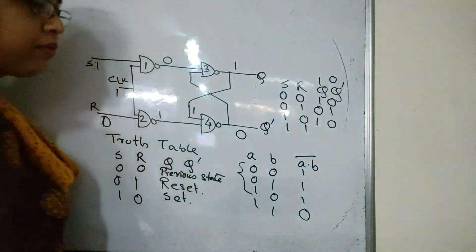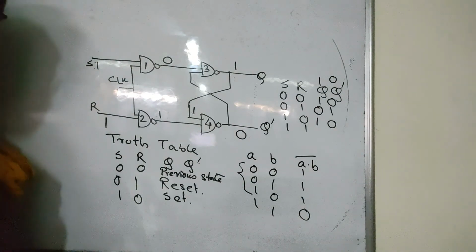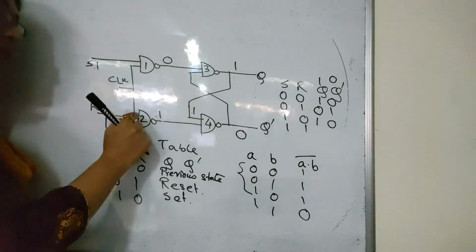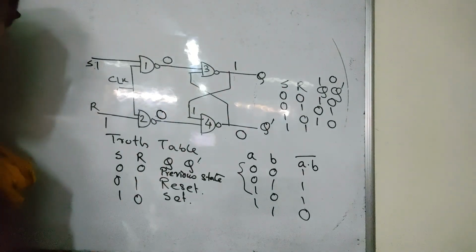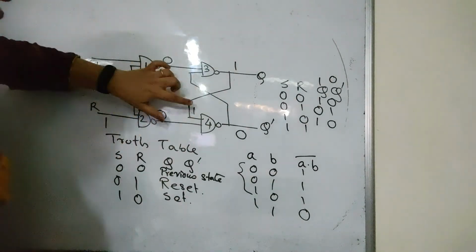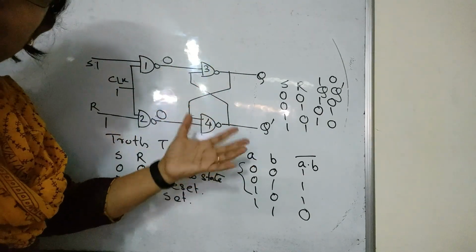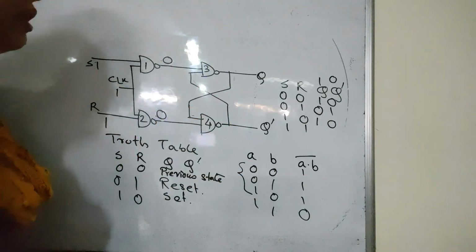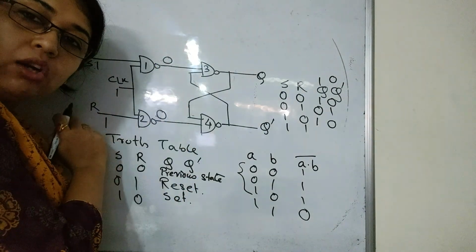1, 1. If we take both the values 1, then both NAND gate number 1 and 2 are going to give us an output of 0. As a result, both NAND gate number 3 and 4 are getting low inputs.